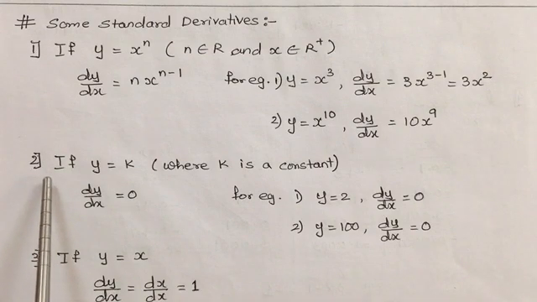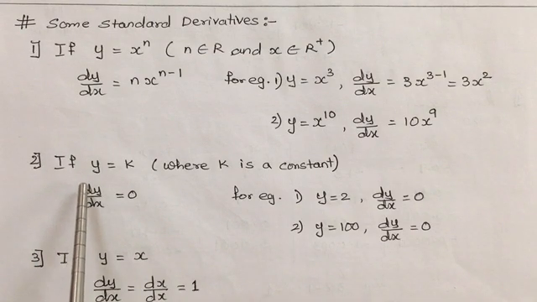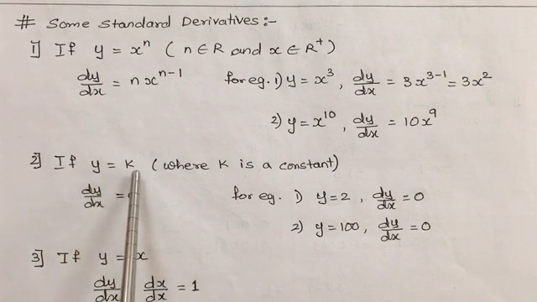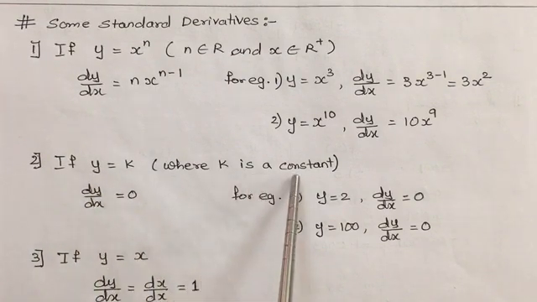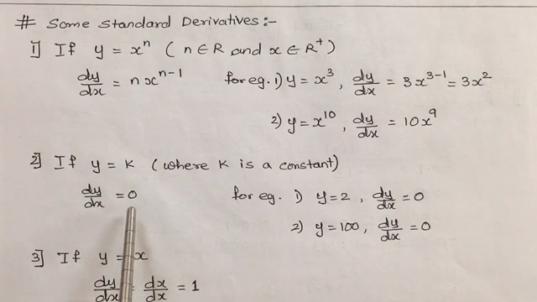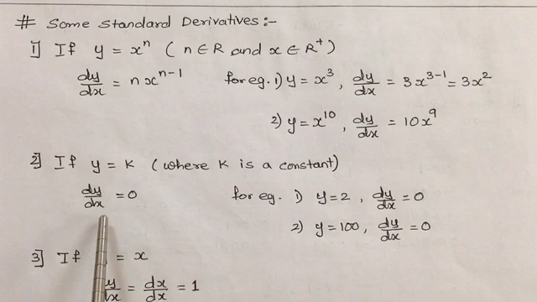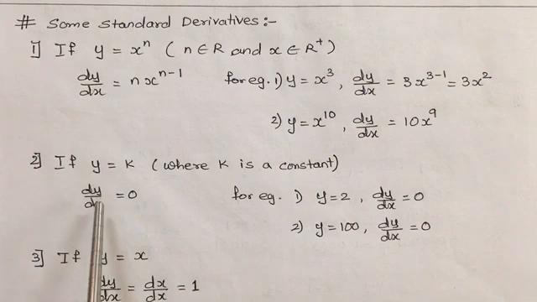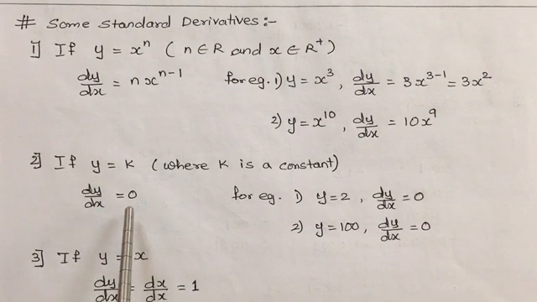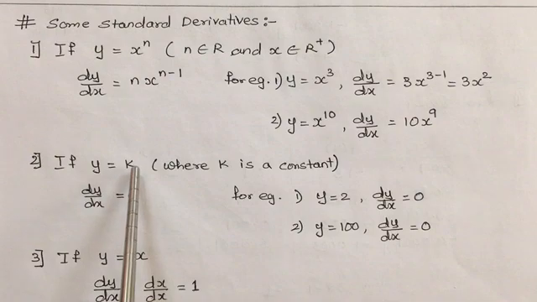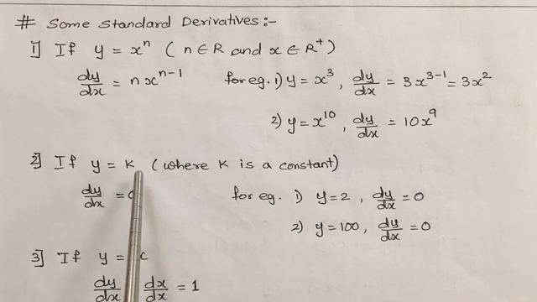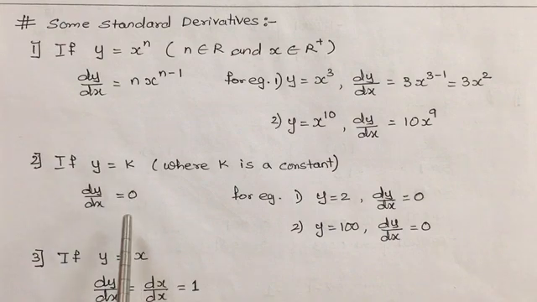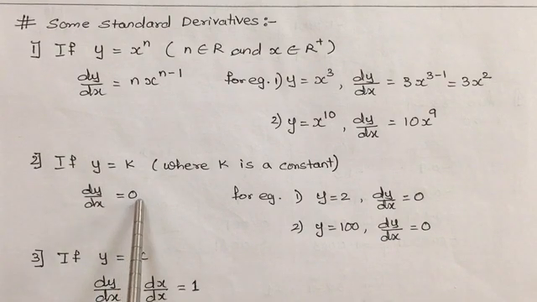The second standard derivative is, if y is equal to k, where k is a constant, then its derivative will be 0. In other words, the derivative of a constant is always 0. Constant means the term without x or the term without a variable.